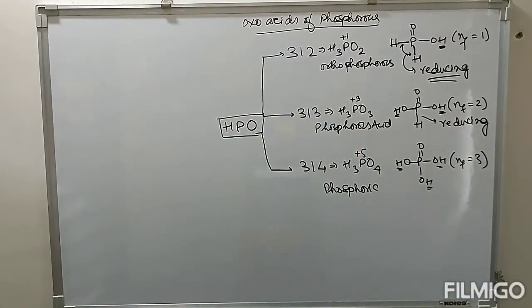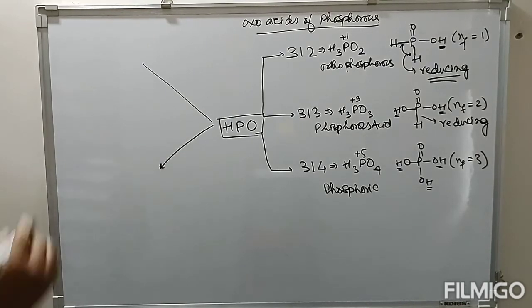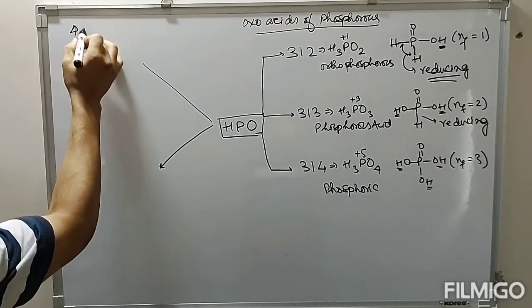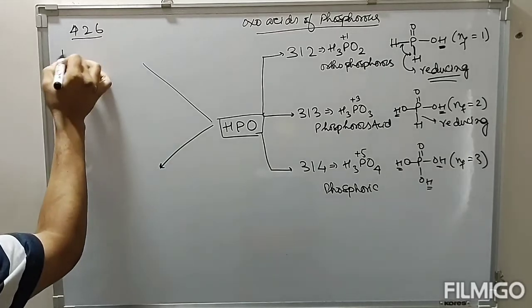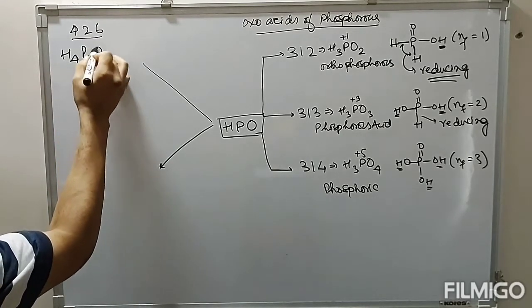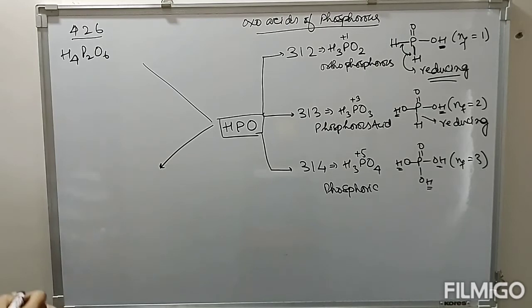Then we have the four to 6 series, that is H4P2O6.